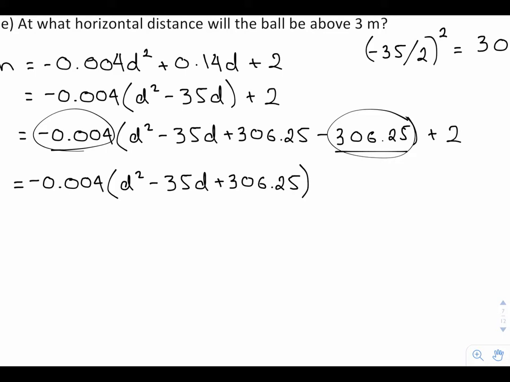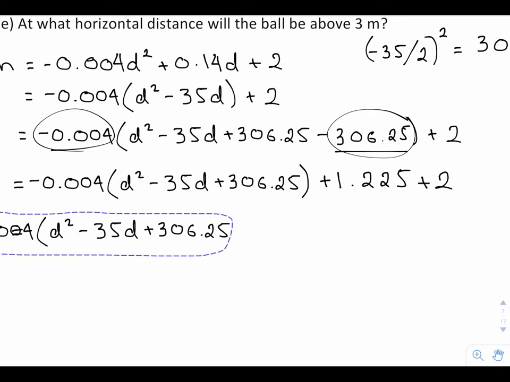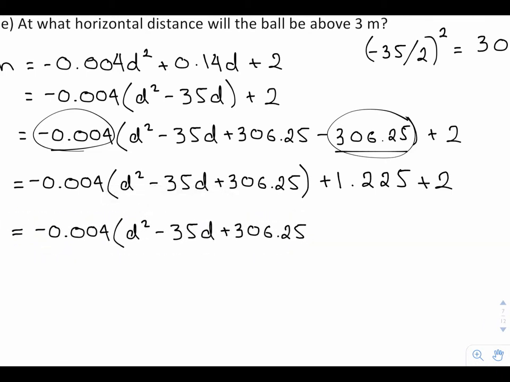And what that gives me is positive 1.225 plus 2, which equals the whole thing again that I had above. If I add those two terms on the end together, I get 3.225.